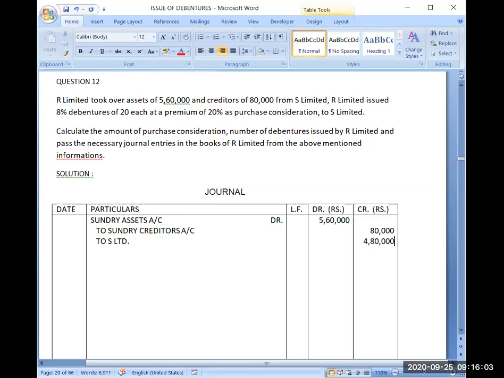Because the question has not told us the amount of purchase consideration, in that case, the purchase consideration will be value of assets minus value of liabilities. That will be assumed as purchase consideration. And the amount payable is 4,80,000.